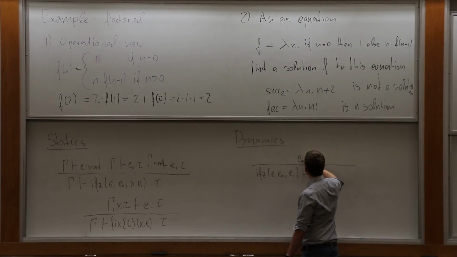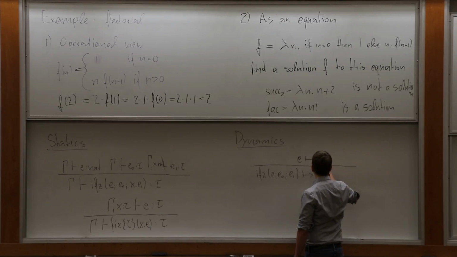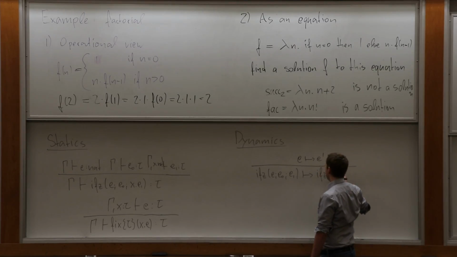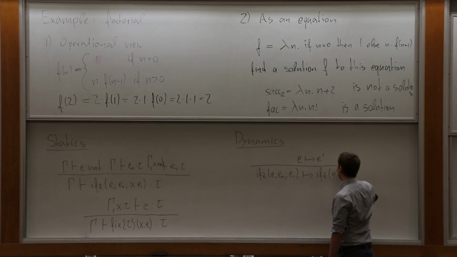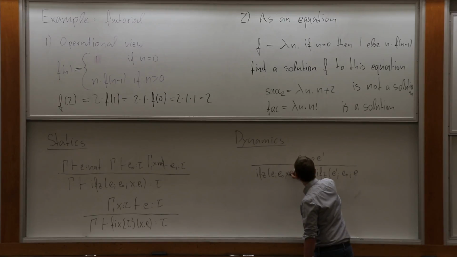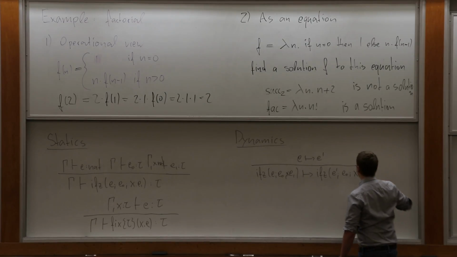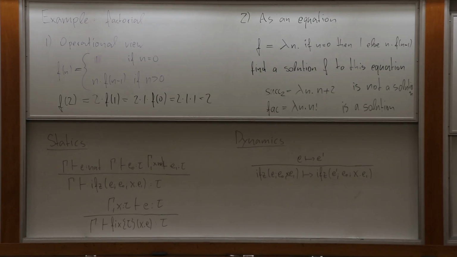Exactly, E, until you have a value, and then you check what it is, and then you either move to, oh, I forgot the X here, sorry. You either move to E0 or to E1, depending on whether it's zero or successor.